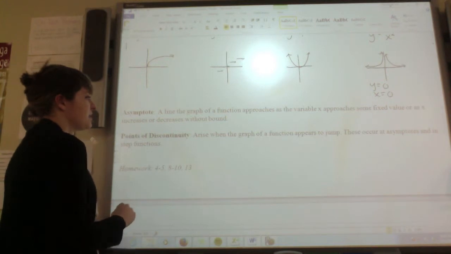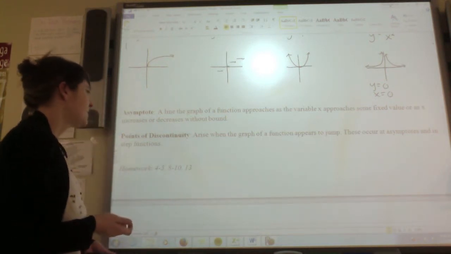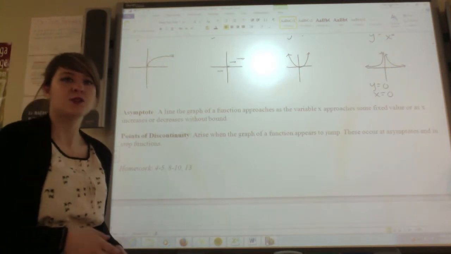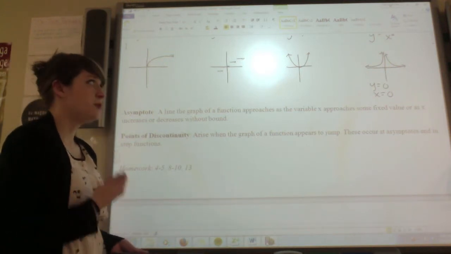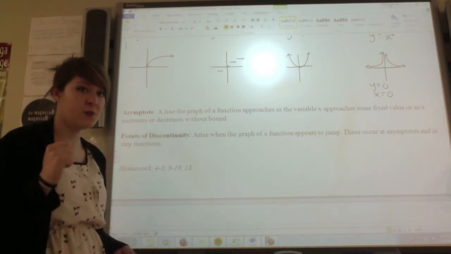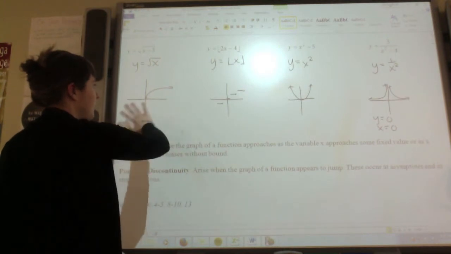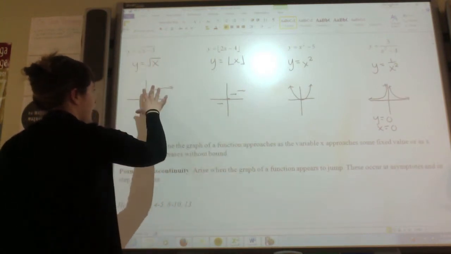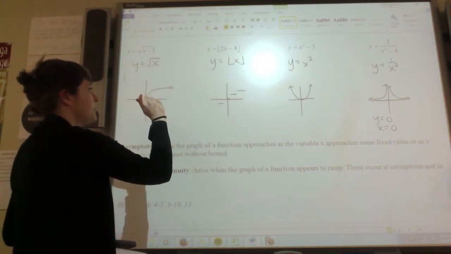Okay, points of discontinuity arise when the graph of a function appears to jump. These occur at asymptotes and in step functions. So remember that points of discontinuity are points where, if you are trying to graph it, you have to lift your pencil up off the paper. Looking through these graphs, this graph does not have any points of discontinuity because when I graphed it, I didn't have to lift my pencil up.